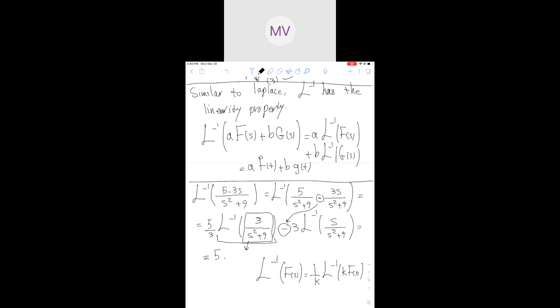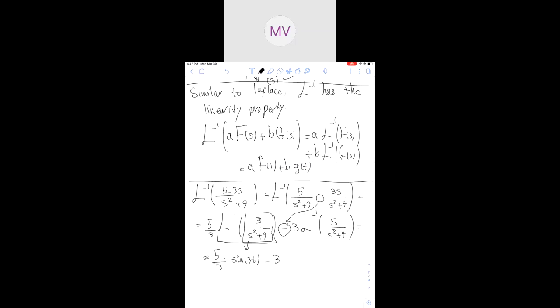Right? So for that reason, we can go ahead and write it as 5/3. Now we know it's sine 3t minus 3. That one is ready to perform the inverse.